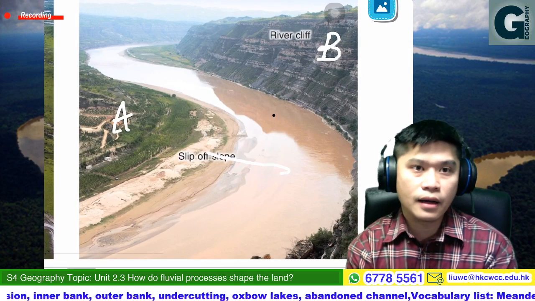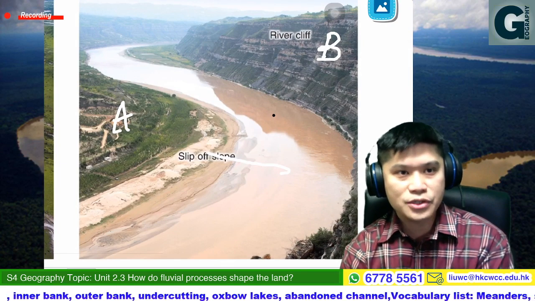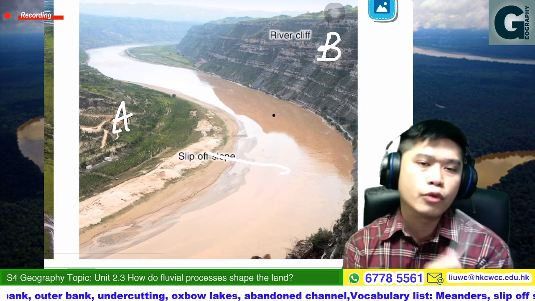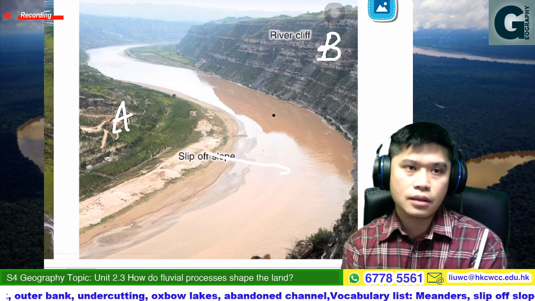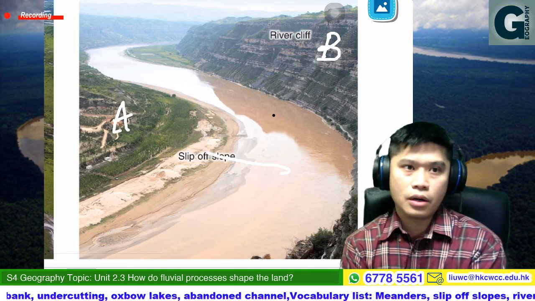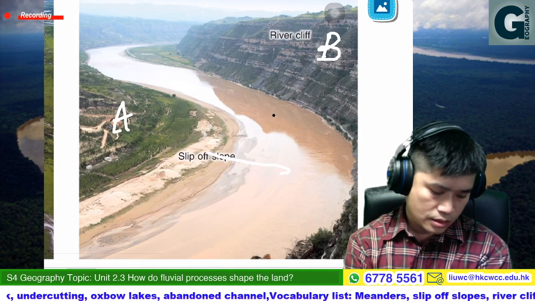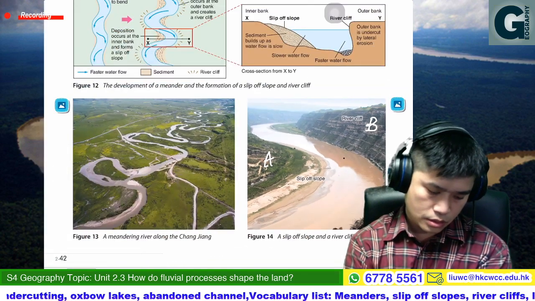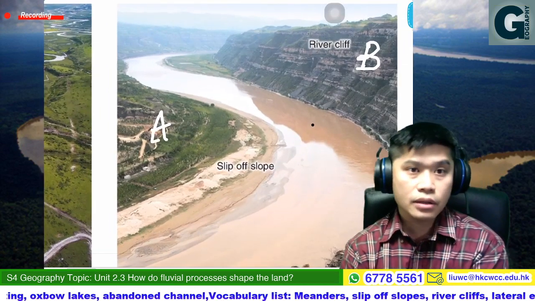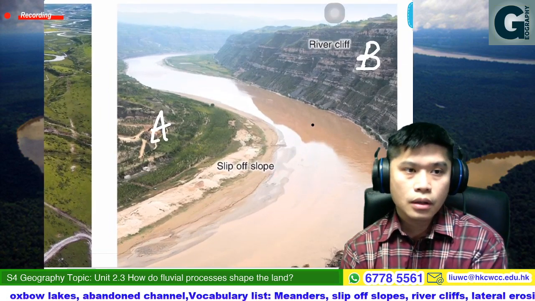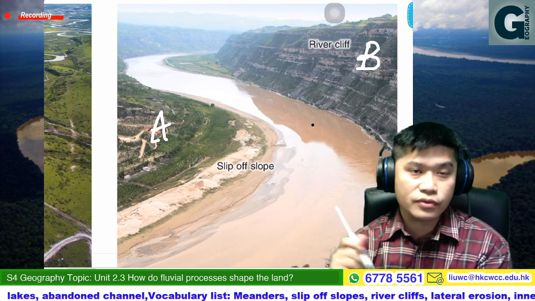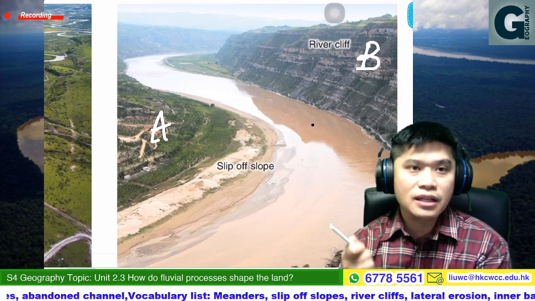Of course, once we know the formation of meander, we should know that side A would be much better than side B to build the house. Why? It is because on side B, on the river cliff, we should know that there must be lateral erosion.